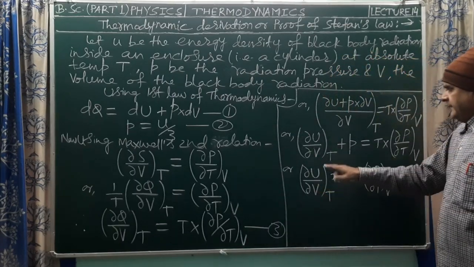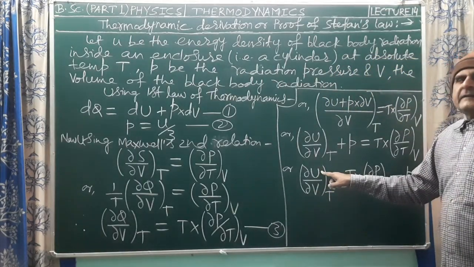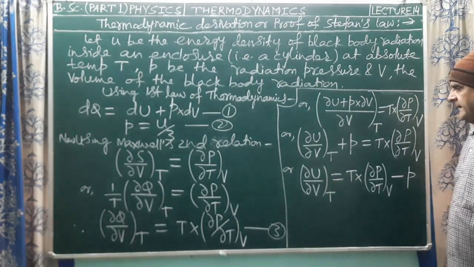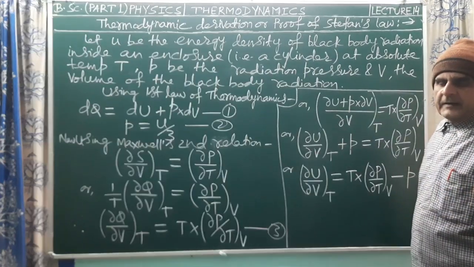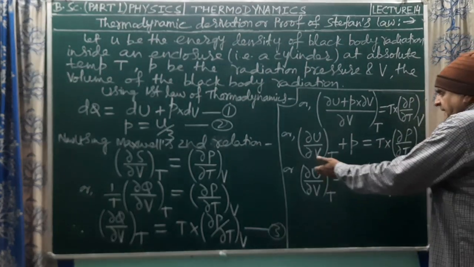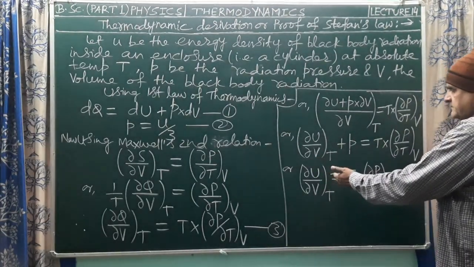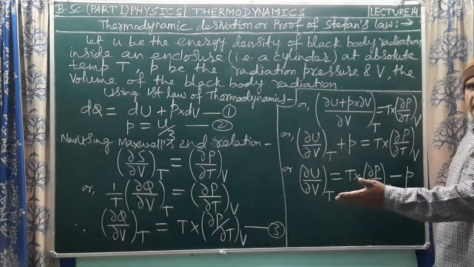Del U by del V, capital U is the internal energy of the system. So dU is the change in internal energy of the system. Here del U is a partial differentiation, the partial change in internal energy of the system.